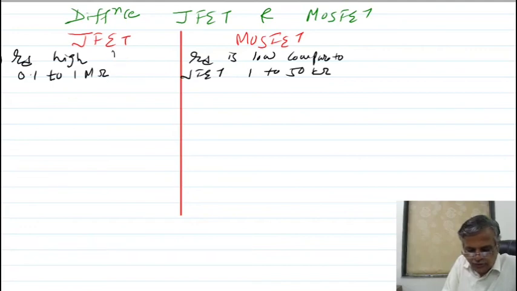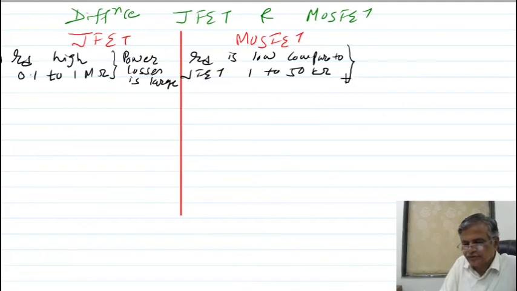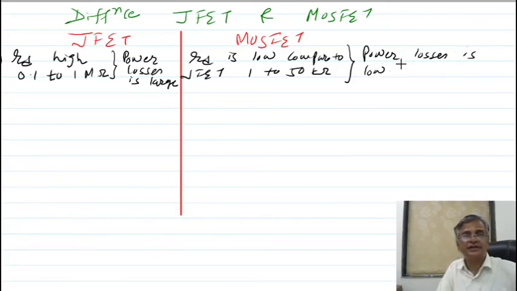Power losses are large due to this in JFET, and power losses are low in the drain circuit of the MOSFET.